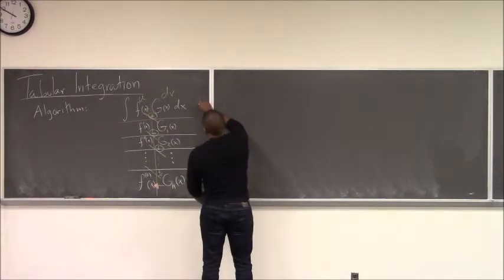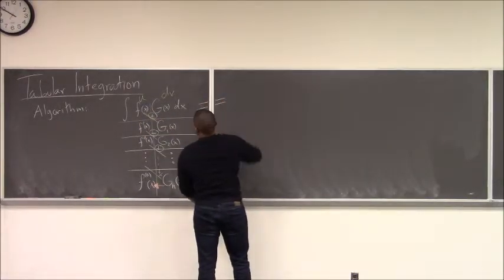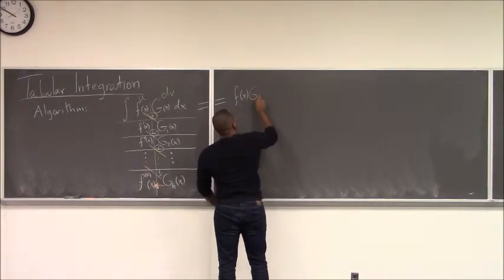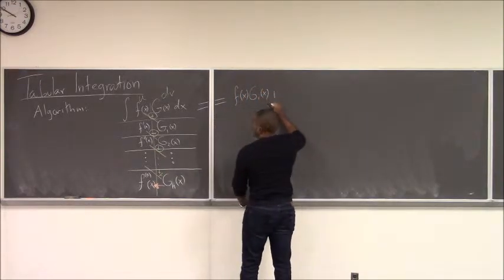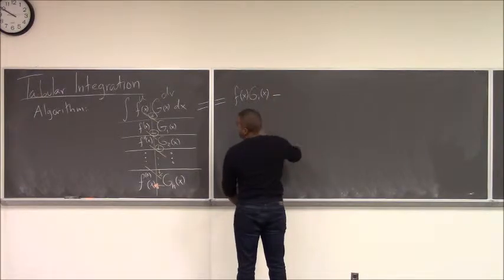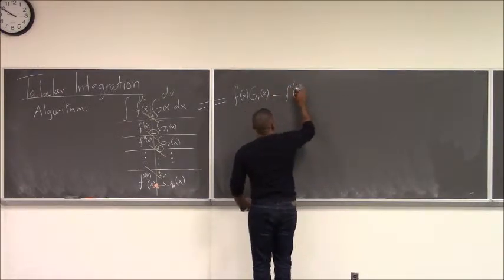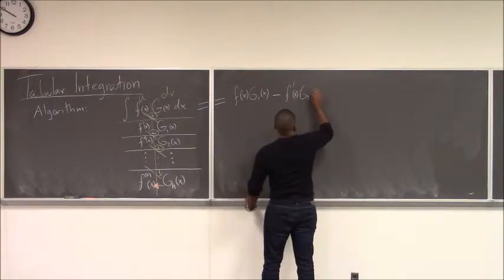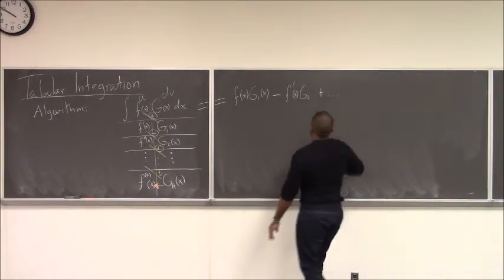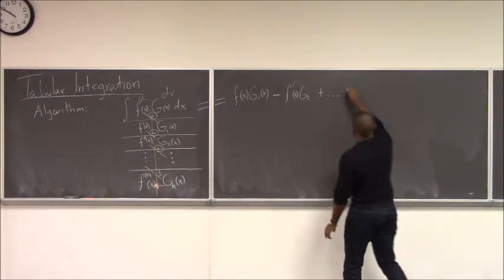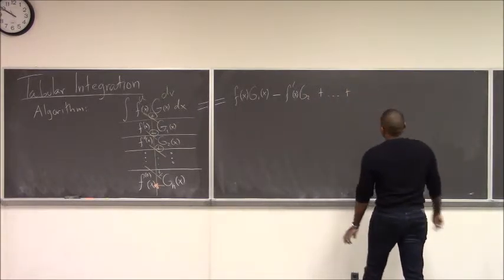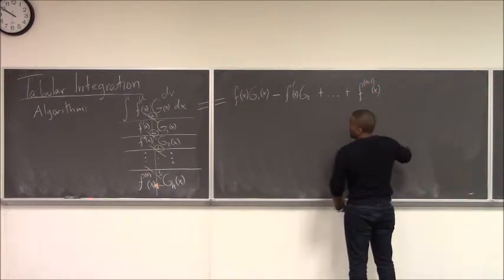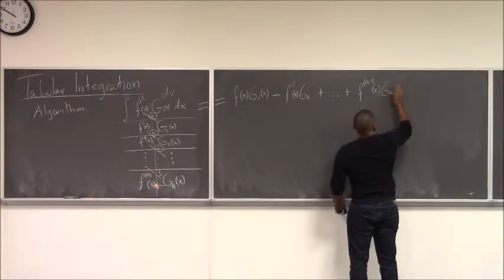So the integral equals f of x times g1, minus f prime times g2, plus dot, dot, dot. We'll get to the n minus first term, so we get f to the n minus 1 of x times gn.